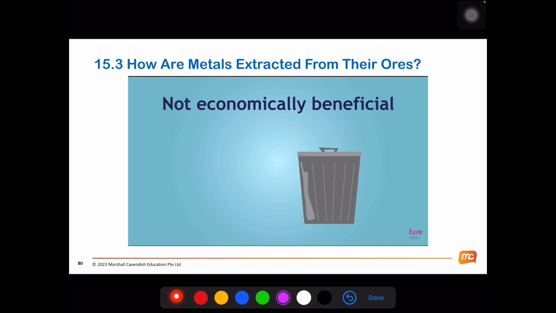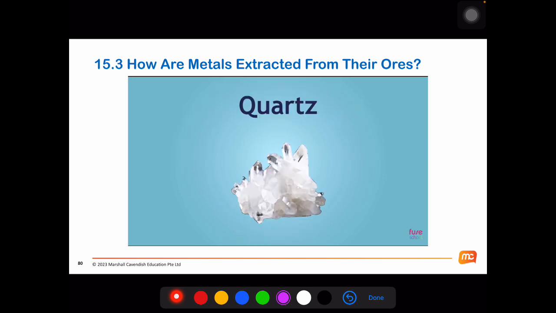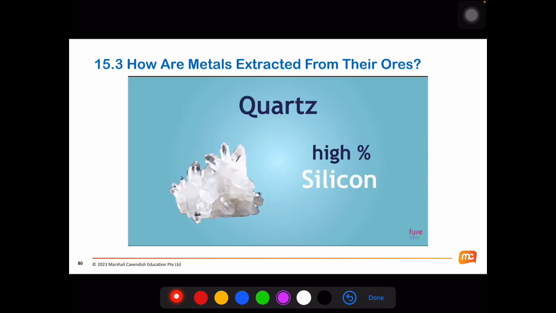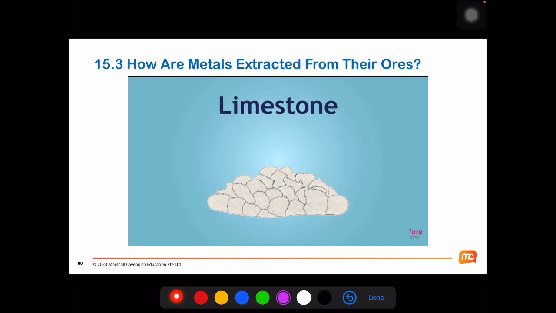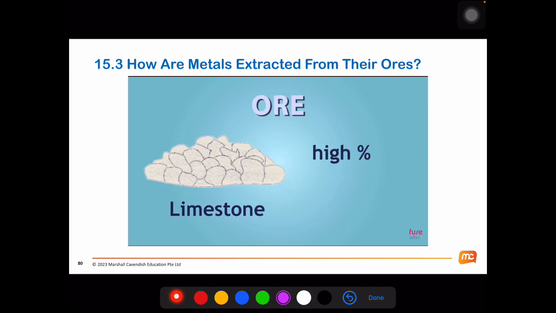For the most part, the minerals are oxides, carbonates, or sulfides of the metal of interest. Some ores of nonmetals include quartz, which contains a high percentage of silicon in the form of silicon dioxide. Limestone is also an ore. Can you remember what is found in a high percentage in limestone? Pause, think, and continue when ready. The answer is calcium carbonate.